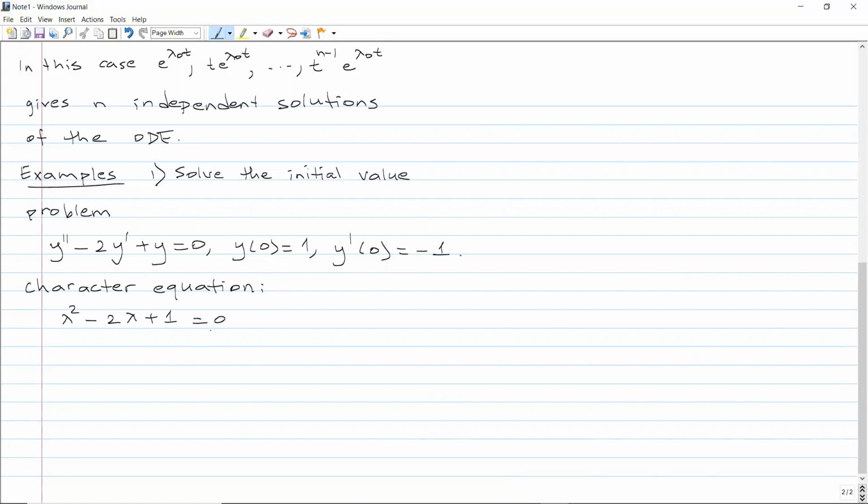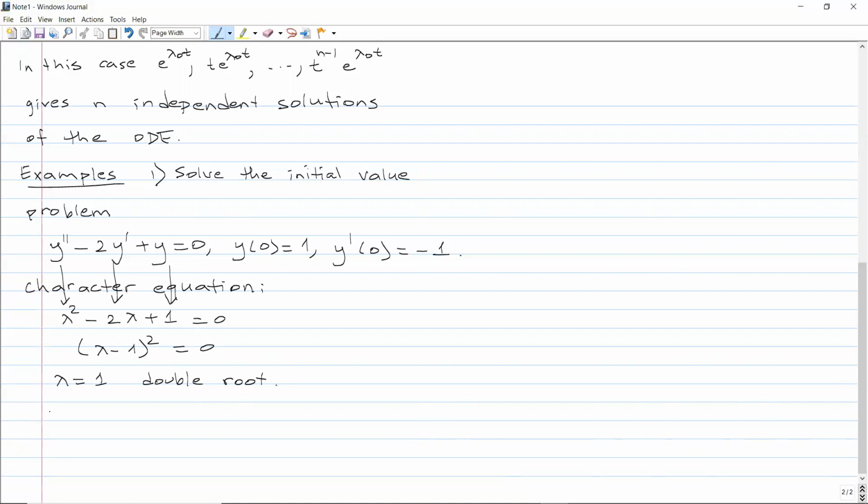Remember how we write the characteristic equation? We just take the coefficients in the differential equation. Lambda squared minus 2 lambda plus 1 is lambda minus 1 squared. When we set this equal to 0, we have lambda equals 1 as a double root.